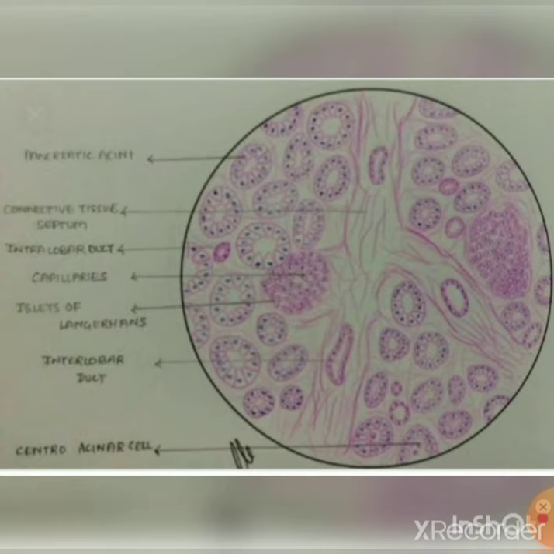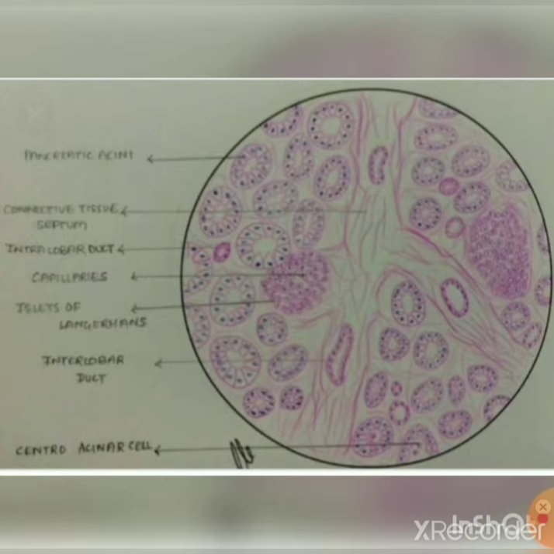In between the serous acini you can see intralobular ducts, lined by cuboidal epithelium, and you can see aggregations of cells in the areas between the acini, and these aggregated cells are called pancreatic islets.